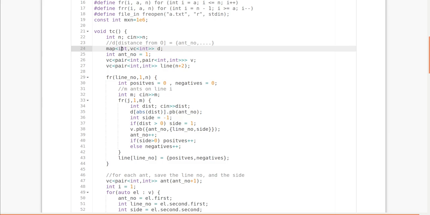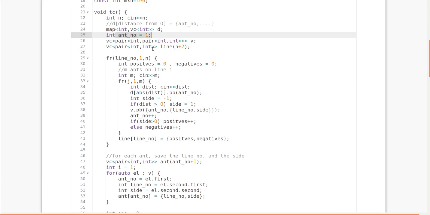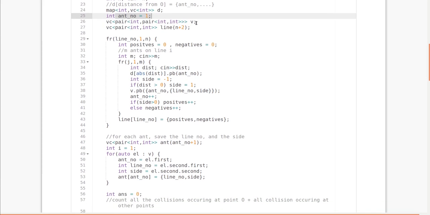For each distance, suppose there are 10 ants with a distance of 5 from O, I'll save their numbers, like which ants are having a distance of 5 from O. So I'll initialize ant number as 1, and this is a vector.